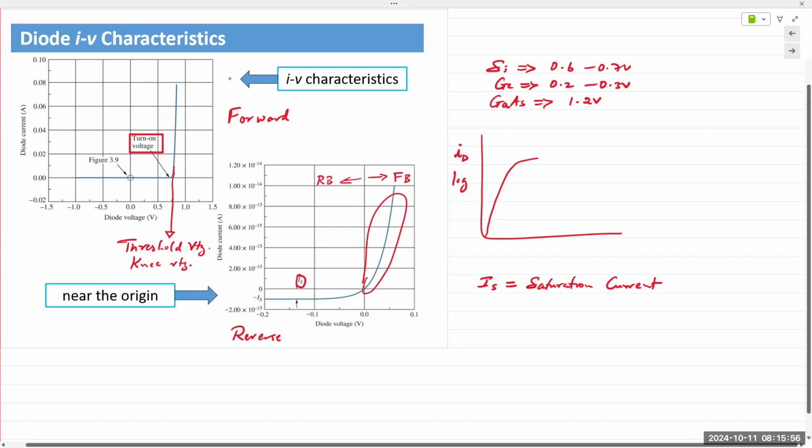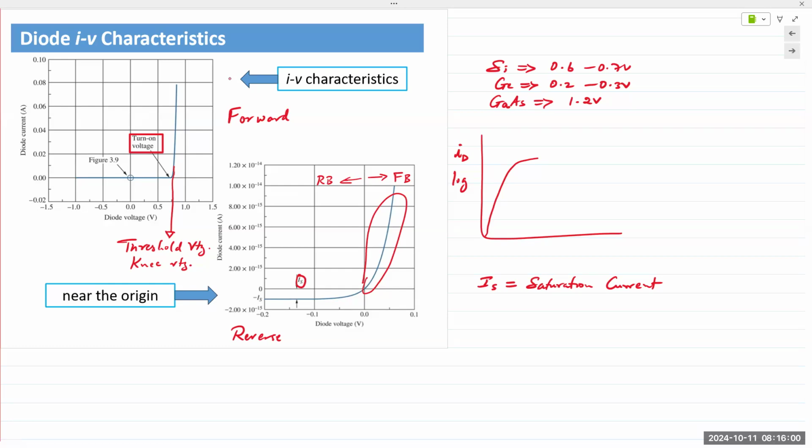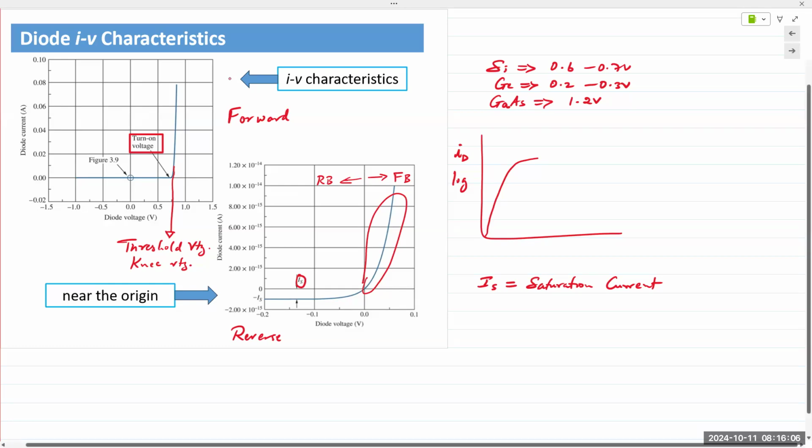Gallium arsenide, GaAs. These are the three most common semiconductors that we deal with. There's of course gallium phosphide, gallium nitride. Gallium nitride is really big right now in the market, right? You have these fast chargers using gallium nitride material. So it has specific properties that are useful.